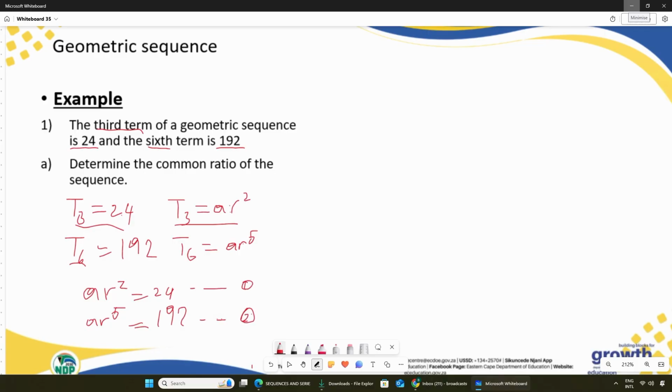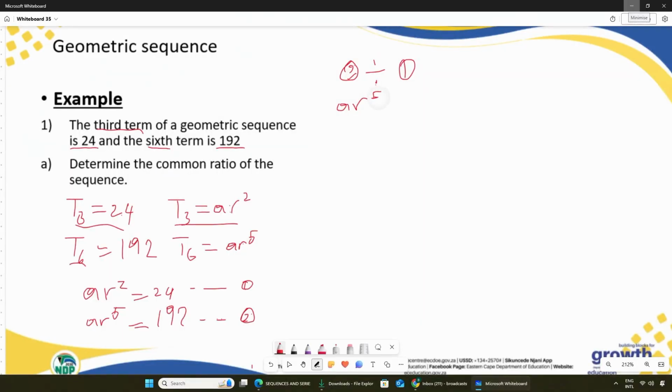If you remember, in a geometric sequence, when you are looking for R, the constant ratio, you divide. That simply means if you have two equations, you can divide them by saying equation 2 divided by equation 1.